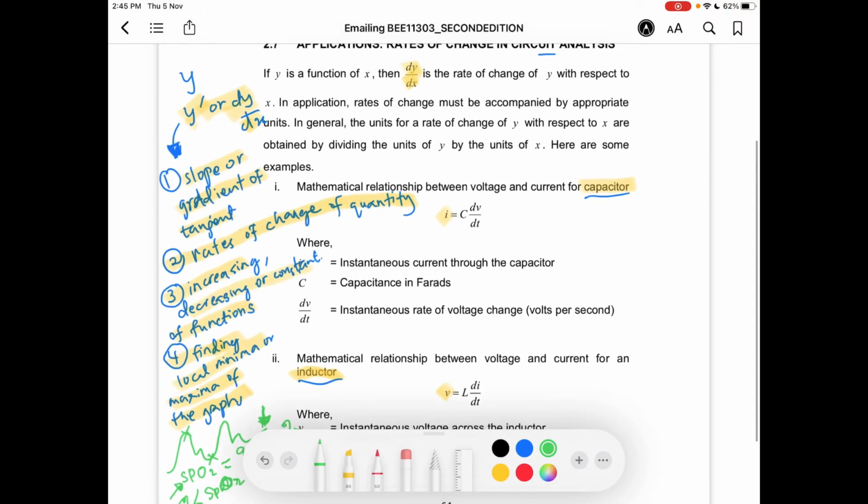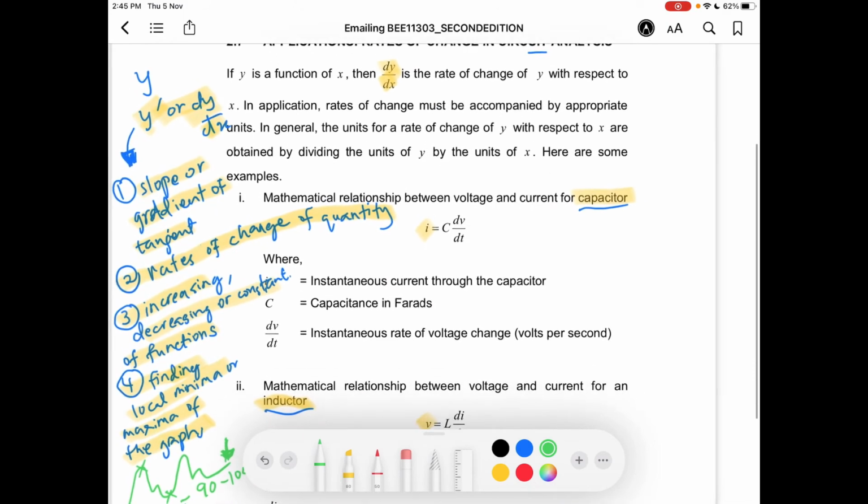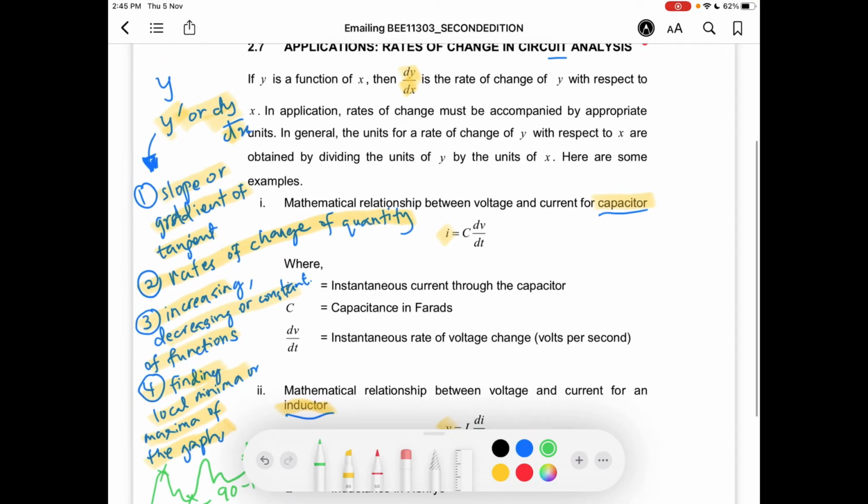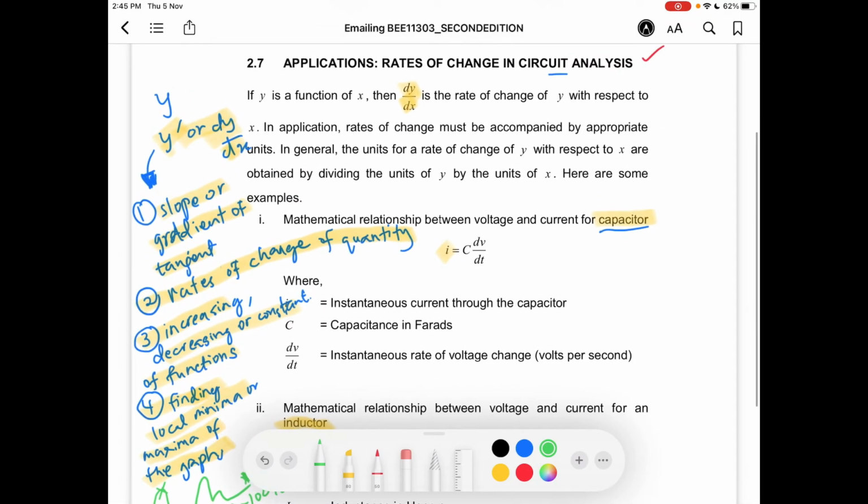Now let's go back to our main topic. In this case, we will only focus on the application of differentiation in terms of finding the rates of change in circuit analysis, since you are taking electronic or electrical engineering, so that is why we make it more specific.